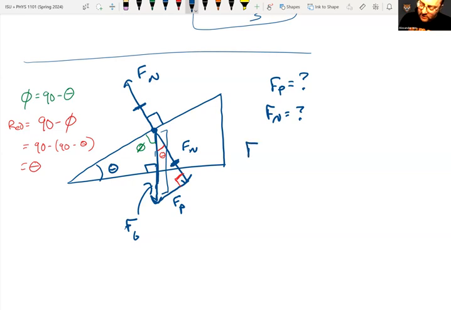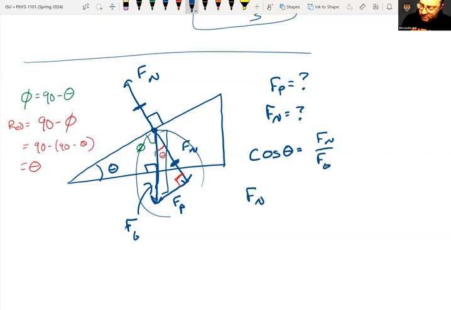So the idea there is that F sub n, a couple of things. Cosine of theta will be equal, and cosine is equal to adjacent over hypotenuse. So in this triangle down here, the adjacent is F sub n and the hypotenuse is F sub g.